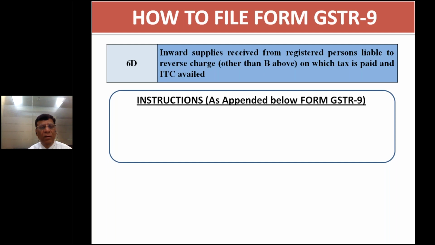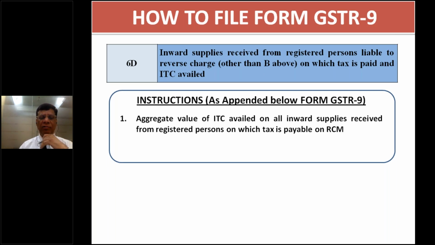6B. Inward supplies received from registered persons liable to reverse charge other than B above, on which tax is paid and ITC availed. Inward supplies received from registered persons liable to reverse charge.